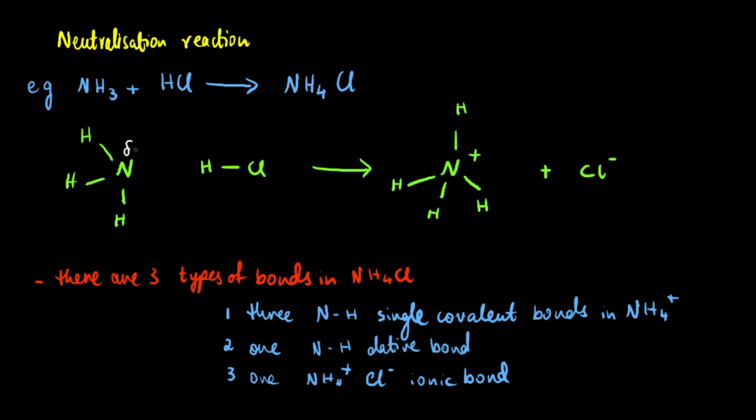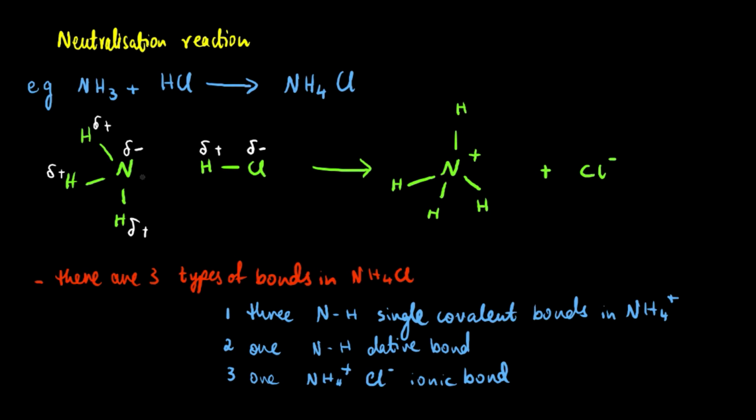So the nitrogen would get a delta negative sign and the three hydrogens would get delta positive signs. So let's label that. And similarly, we already know, as we studied before in the previous example, that the hydrogen of the HCl would have a delta positive sign.